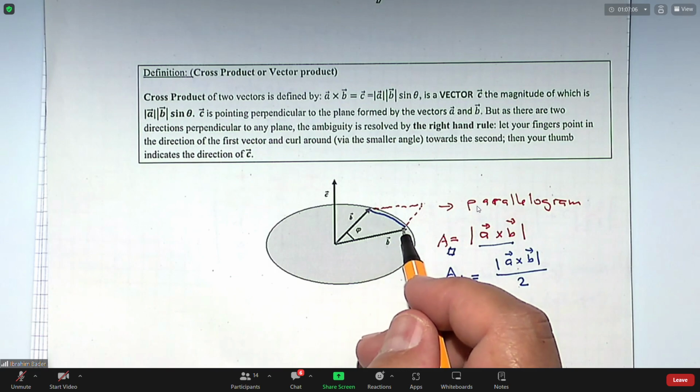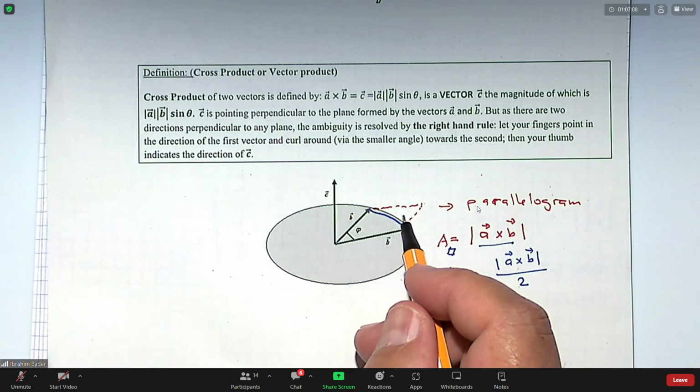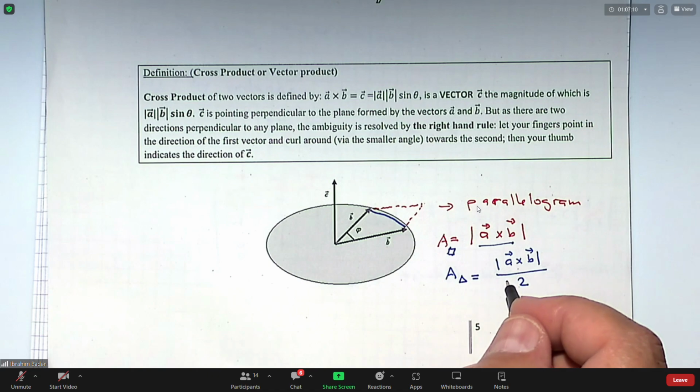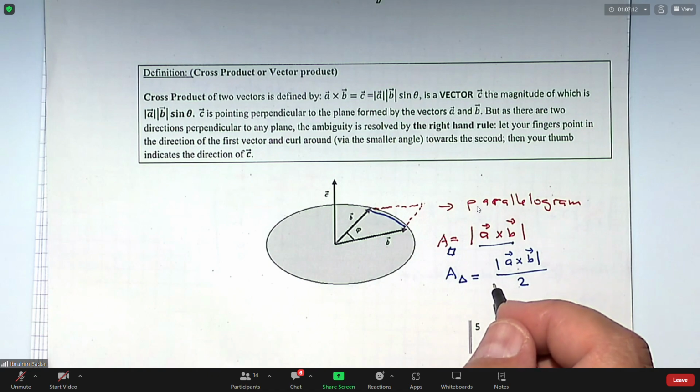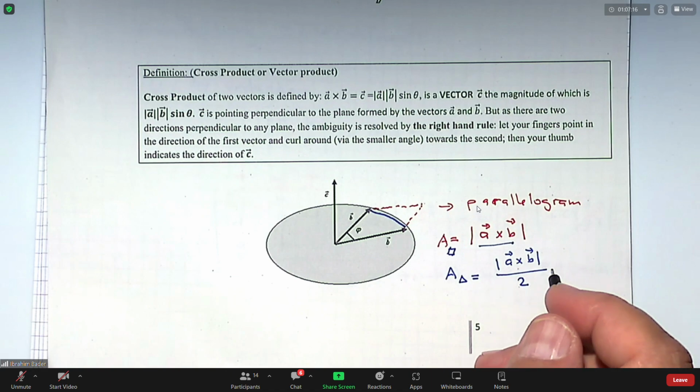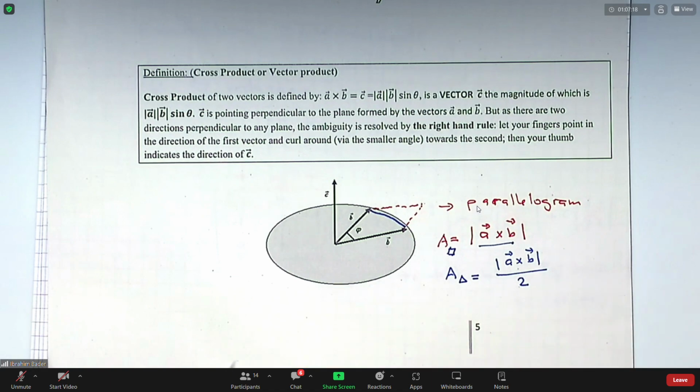However, if you connect either of the two diagonals, it will split the parallelogram into two equal parts, and the area of each is half of the area of the parallelogram.